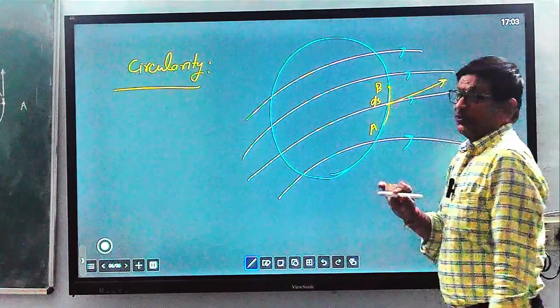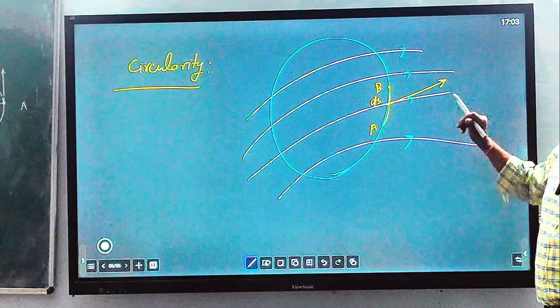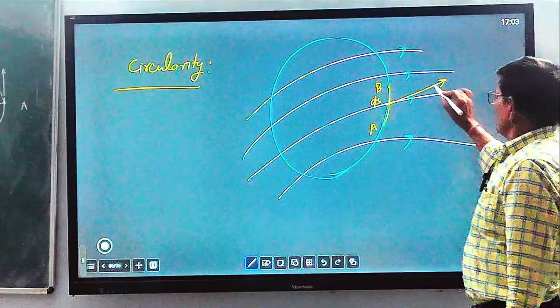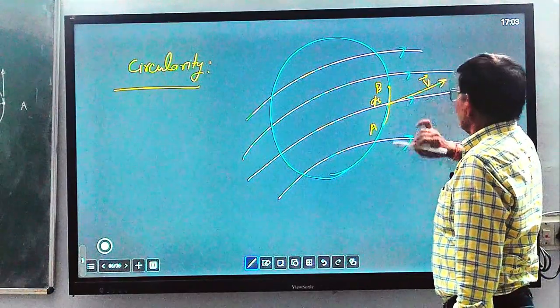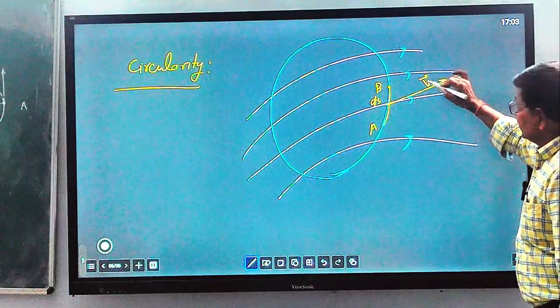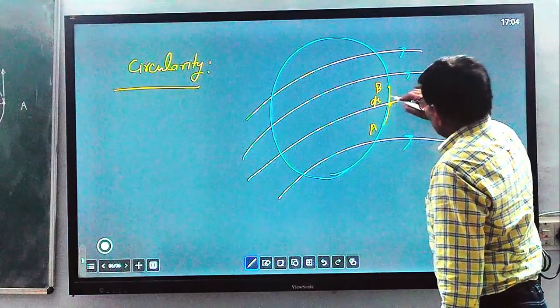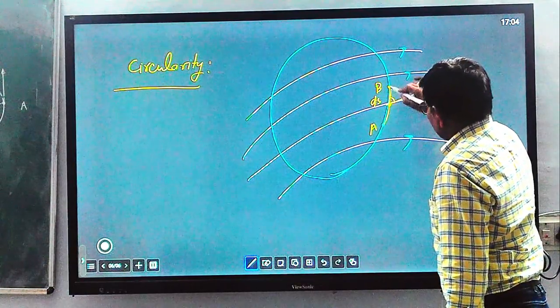By definition, the tangent at any point on the streamline shows the direction of the velocity. Now this angle at this point is theta.